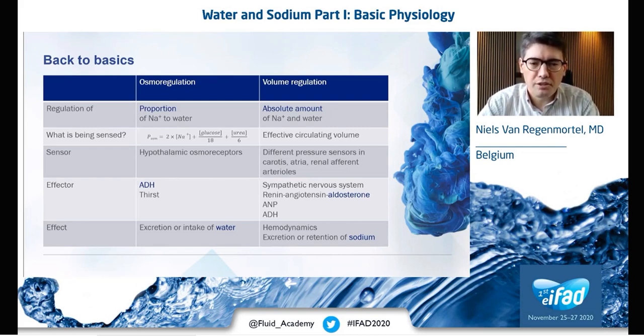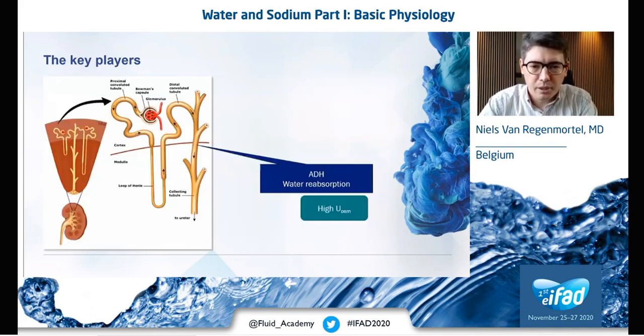The first is the very important hormone ADH, or antidiuretic hormone, or vasopressin, which is typically acting on the collecting tubules in the nephron, and the action of ADH will lead to a high urinary osmolality.